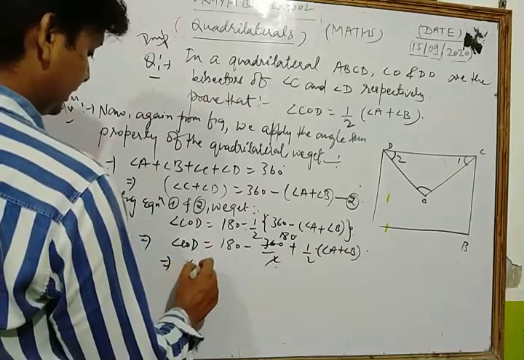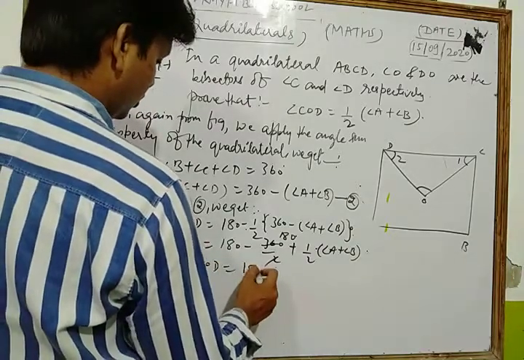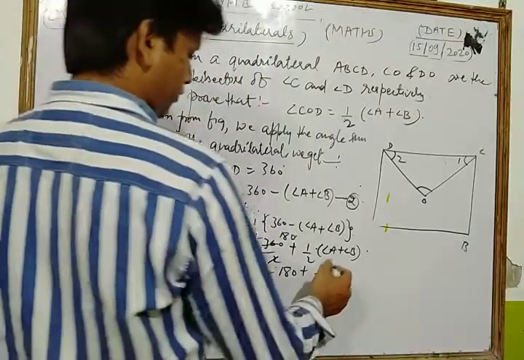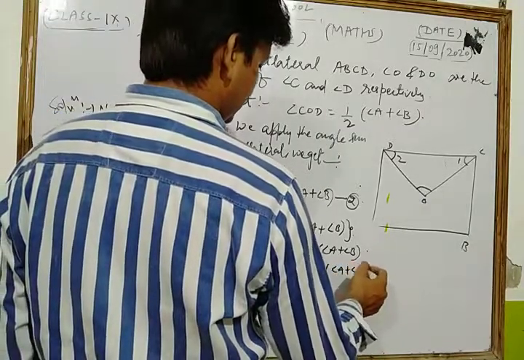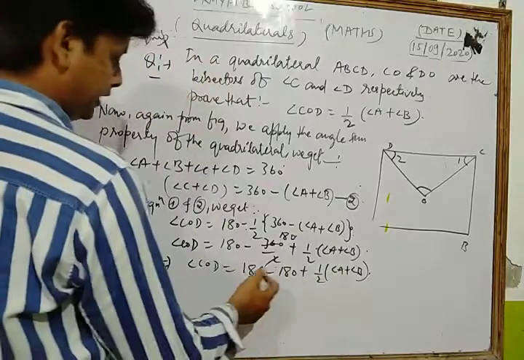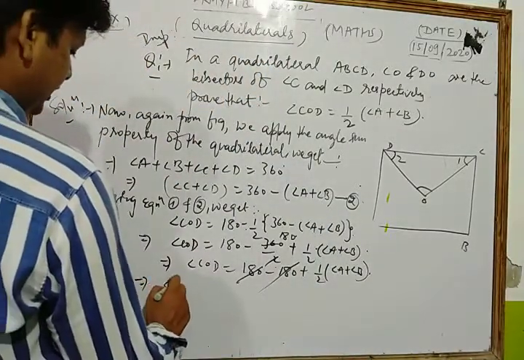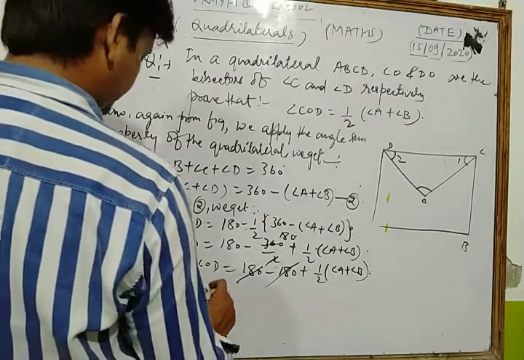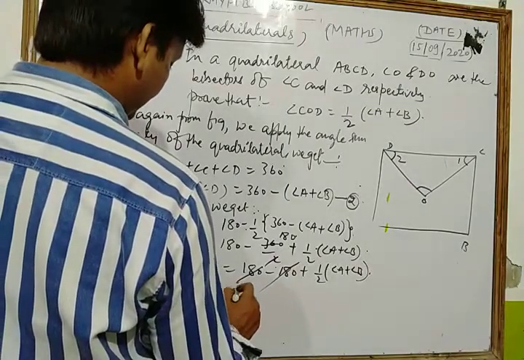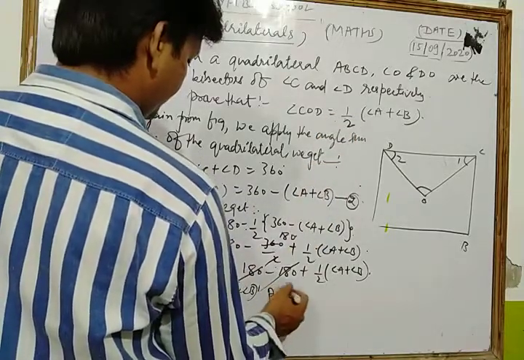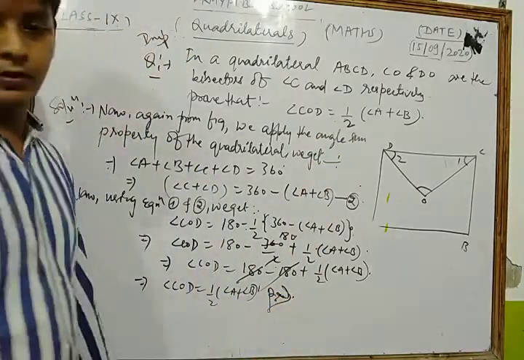So angle COD is equal to 180 minus 180 plus half of angle A plus angle B. Now here 180 cancels. So dear students, we get angle COD is equal to half of angle A plus angle B, which is our result. Hence proved.